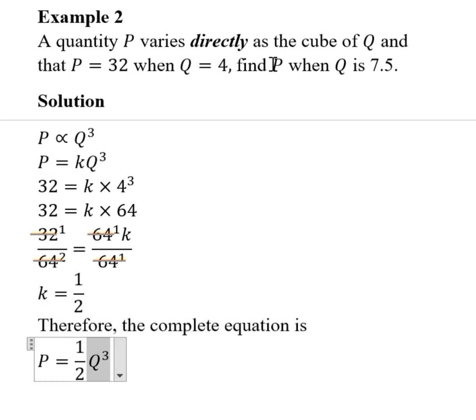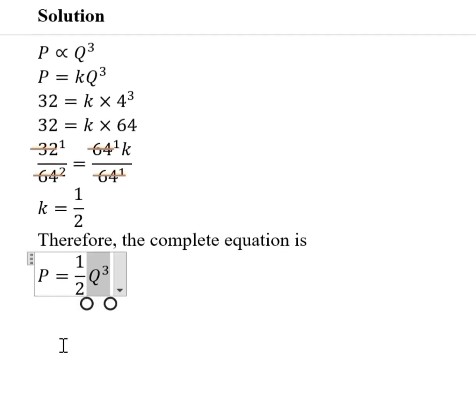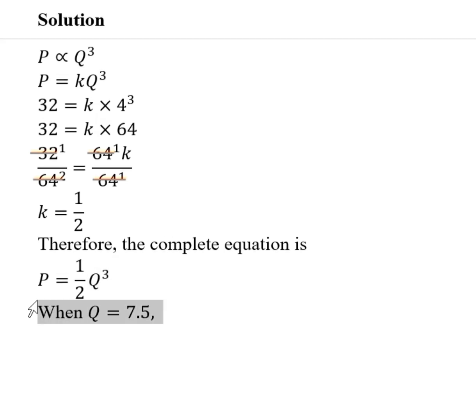Now, can we find p when q is 7.5? We substitute 7.5 for q. We shall say when q is equal to 7.5, p will be equal to half times q, which is in this case 7.5, and it must be cubed because our q was cubed.